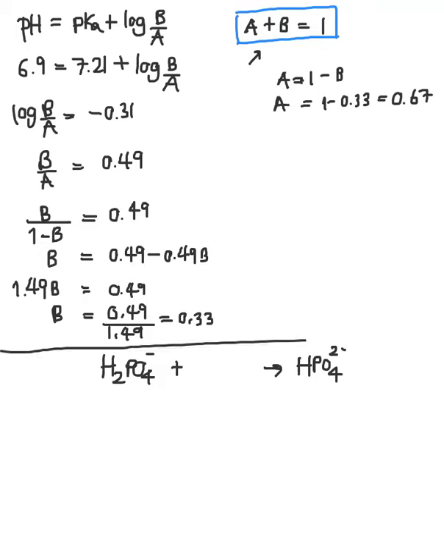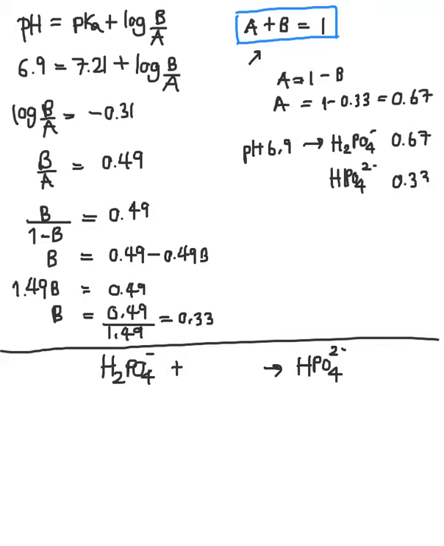So right now at pH 6.9, we know that our H2PO4 minus will have 0.67 equivalents, while HPO4 2 minus will be only 0.33 equivalents.